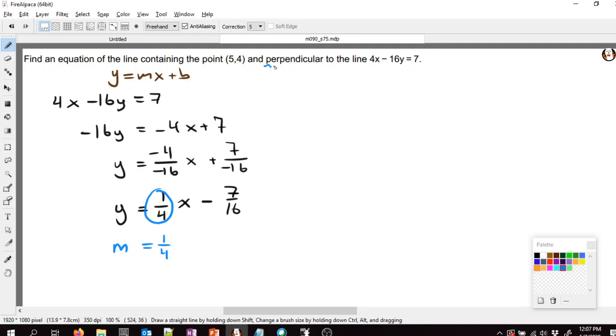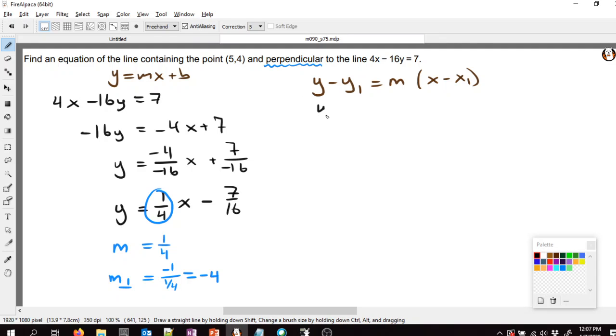I want it to be perpendicular. The slope of the perpendicular is -1 over 1/4. That's -4. y minus y1 is equal to m times x minus x1.